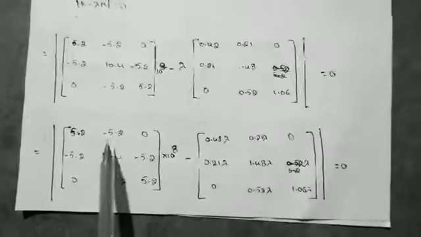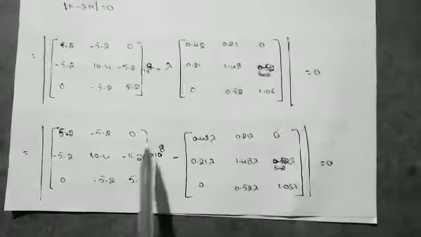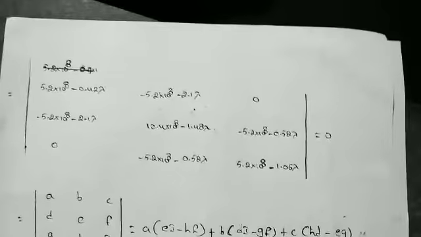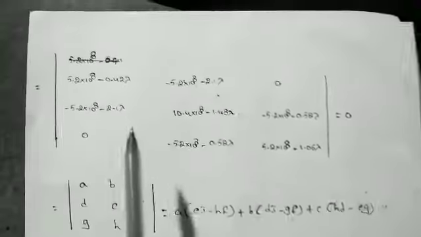Similarly, minus 5.2 into 10 power 8 minus 0.21 lambda. Similarly, 0 minus 0. After subtracting each matrix from the other, you will get the matrix like this.